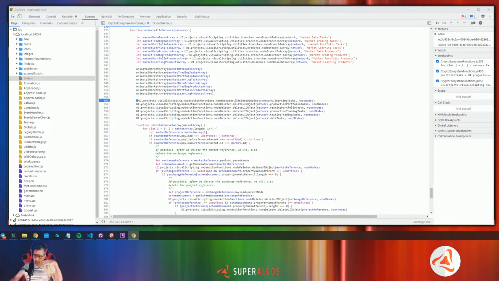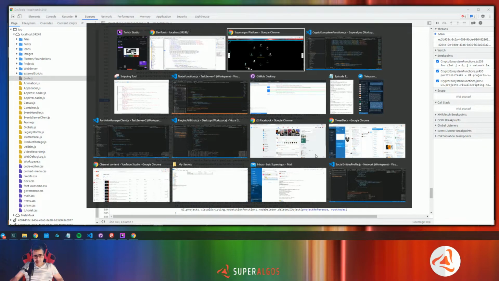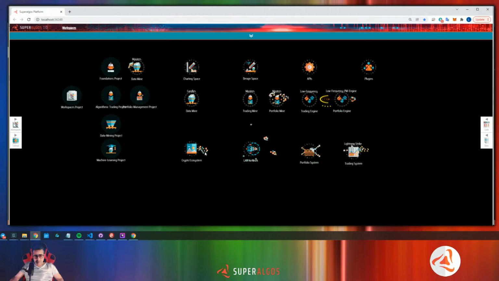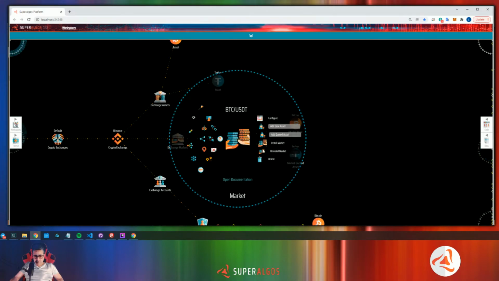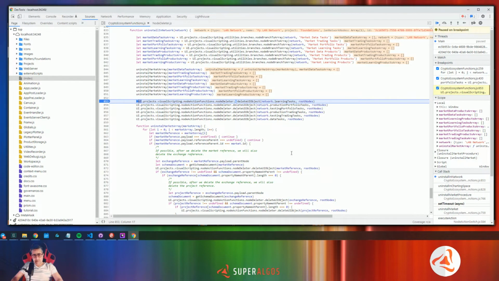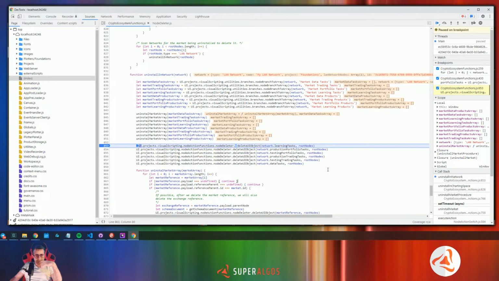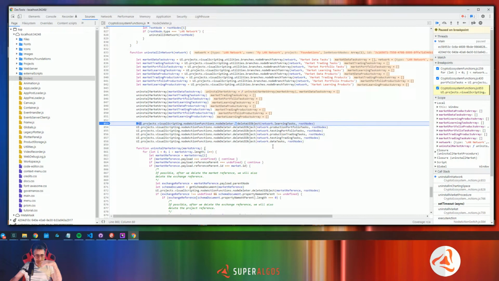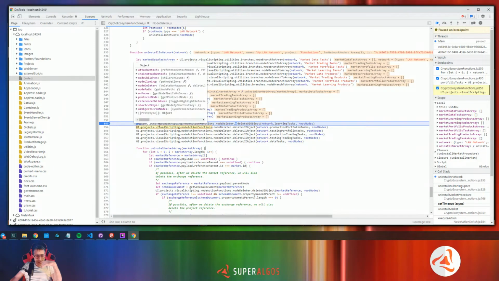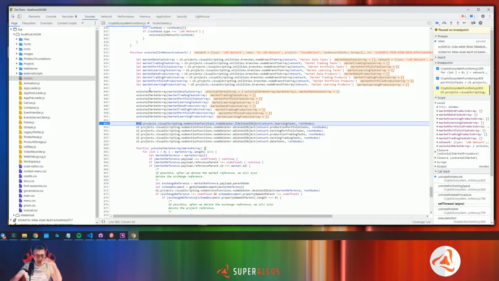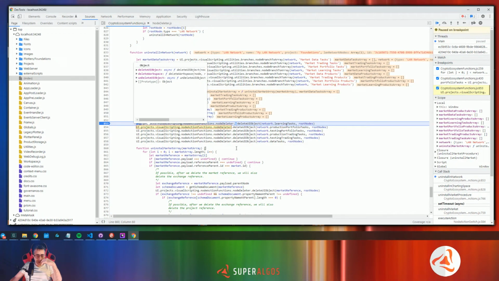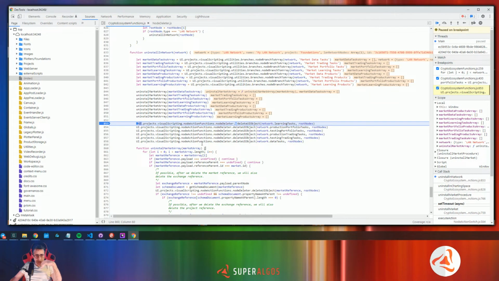So let's check this out. Okay, so it's not network, but it's a network node, because this is indeed destroying everything of every network node.